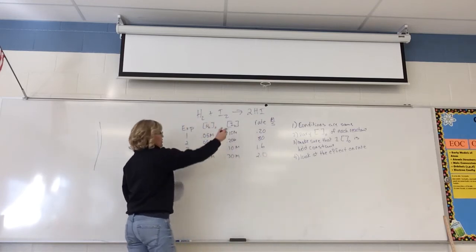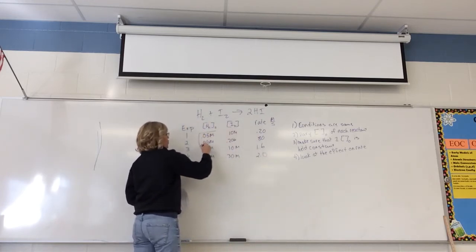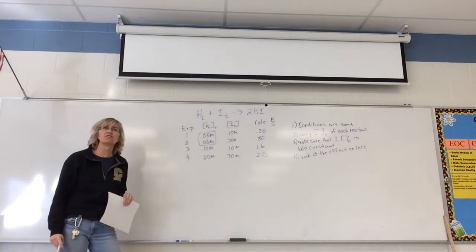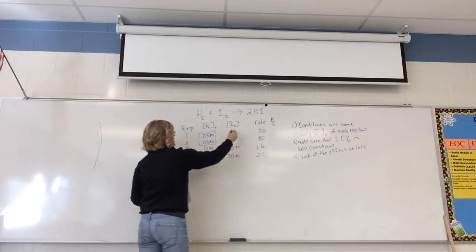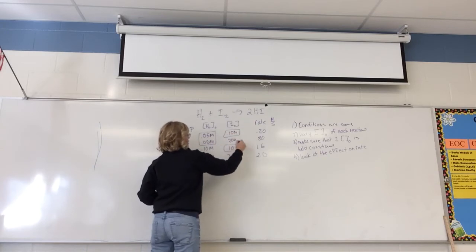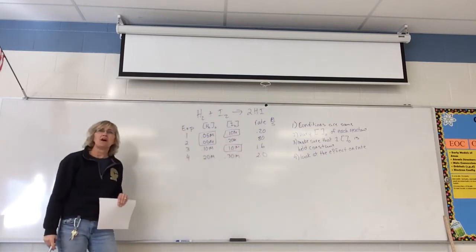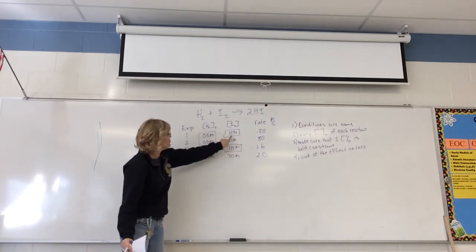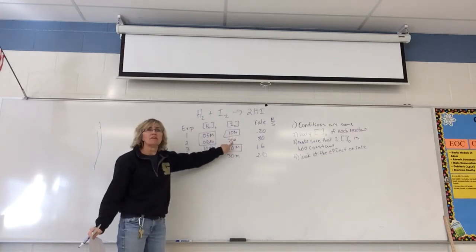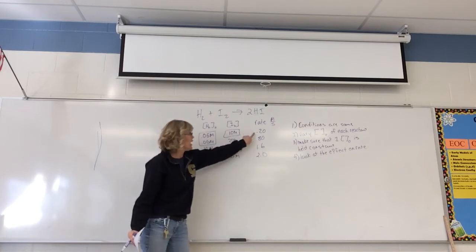But it's important here that we make sure if I'm looking at iodine, I'm holding the concentration of hydrogen constant. If I'm looking at hydrogen, I'm holding the concentration of iodine constant. And then I say, okay, if I hold this constant and I double the concentration, what happened to the rate?